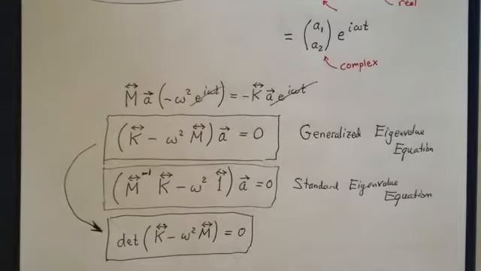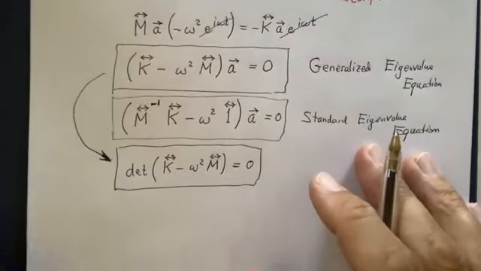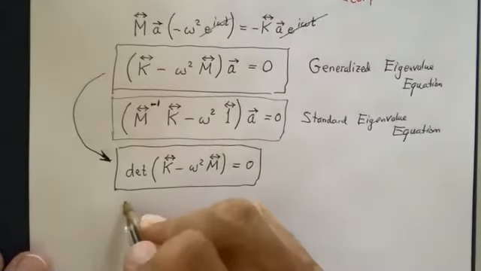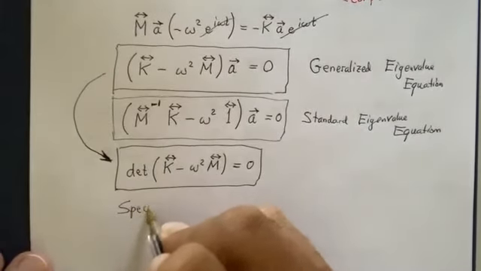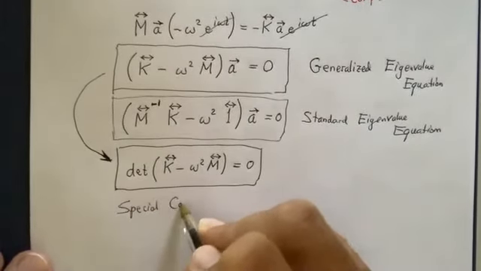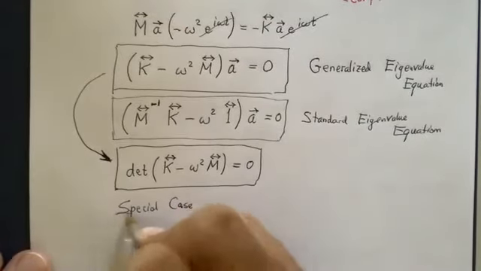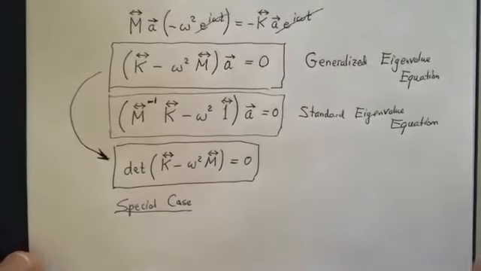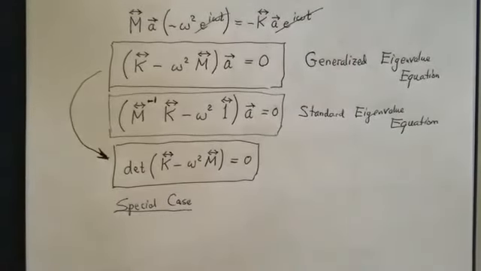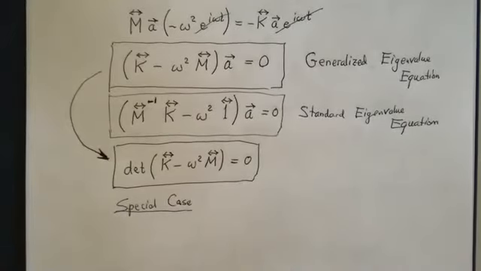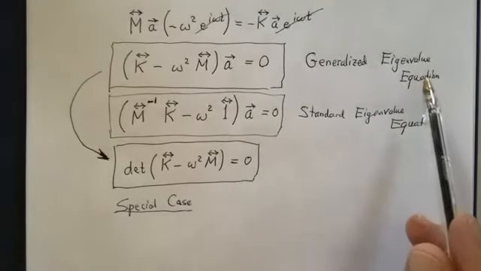Okay, it's useful, right, you know, things can get a little messy sometimes. So we'll look at a special case. We can enjoy all of the wonderful new things here in this world of the generalized eigenvalue equation.